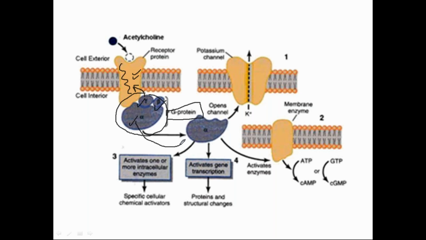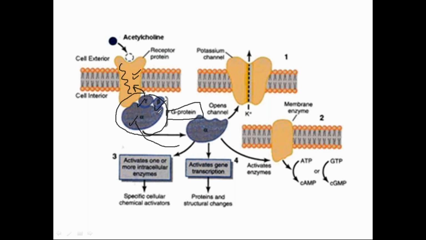Beta and gamma are present to hold it in its natural form. They are like clips which are holding this alpha subunit, and as soon as there is some structural change, this clip will open and release this alpha subunit.